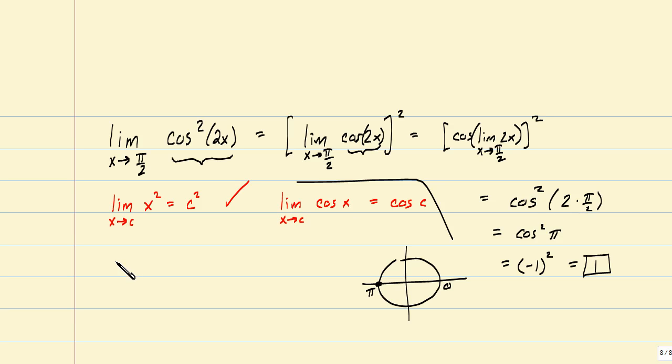In other words, if we look at this function, f of x equals cosine squared of 2x, then the limiting value as x approaches pi over 2 of that function, which is 1, and the value of that function at pi over 2, thus plugging it in to here, is also 1.